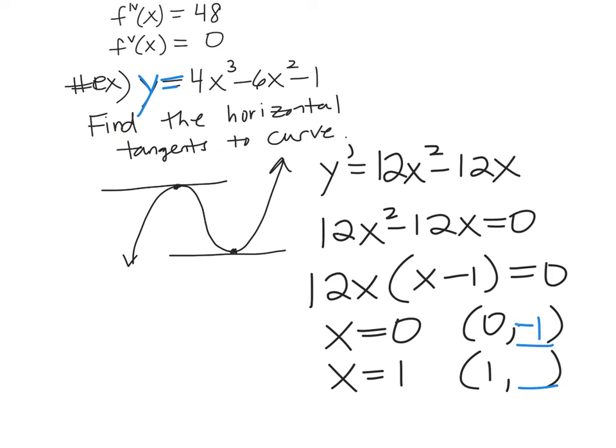And then you have to plug positive 1 in. You get 4 minus 6 minus 1, which would give you what, -3? Is that right? Yeah. And then if you go to your calculator and you graph that, you'll see that those are the points of the max and min. Yay. Okay, that's what I have for you.